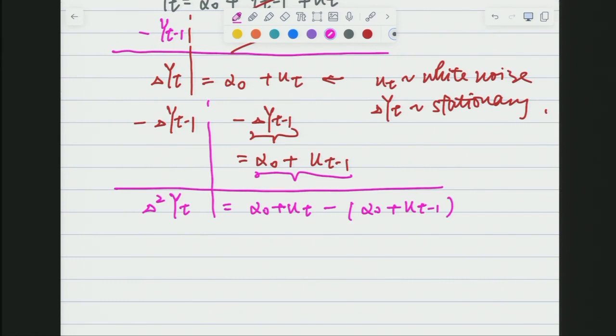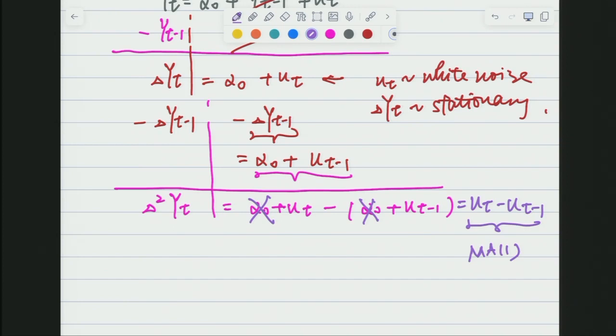So the common intercept cancels out. Yet we are left with ut and its past. Then essentially we have an MA1 here. Okay, this is an MA1.